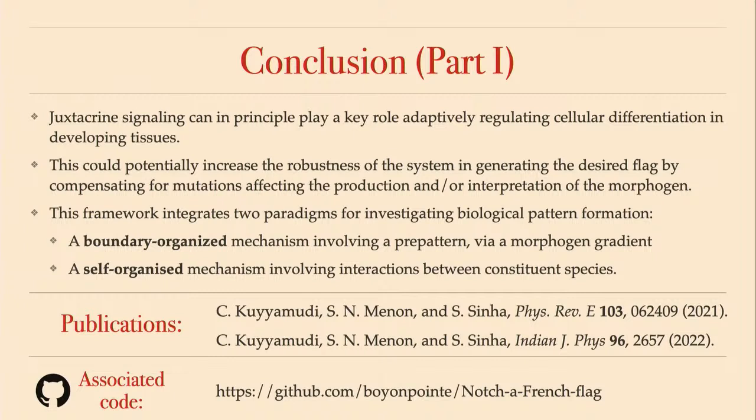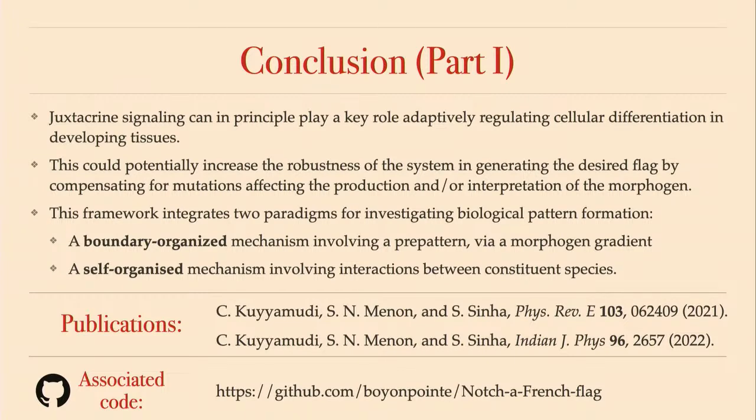To put this part in a nutshell, what our results seem to be suggesting is that juxtacrine signaling, or contact-mediated signaling, seems to be playing a key role, or could play a key role, in adaptively regulating cellular differentiation in these cases.